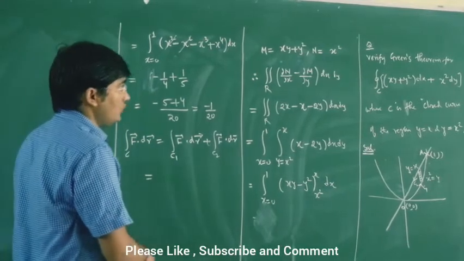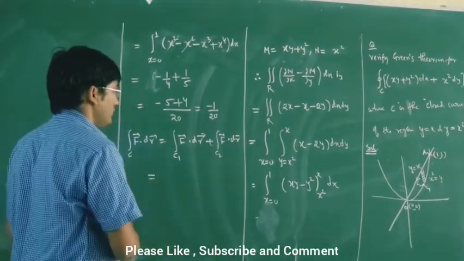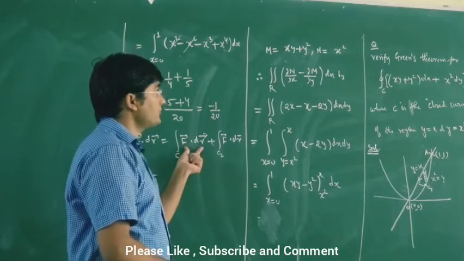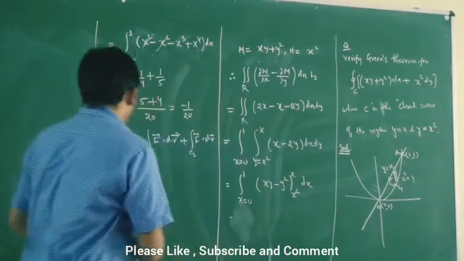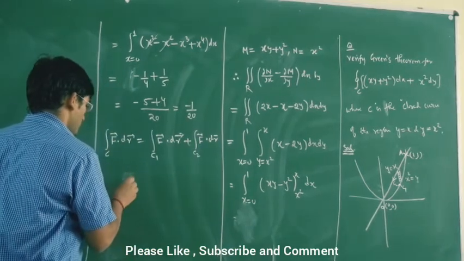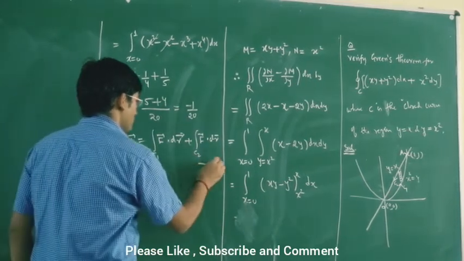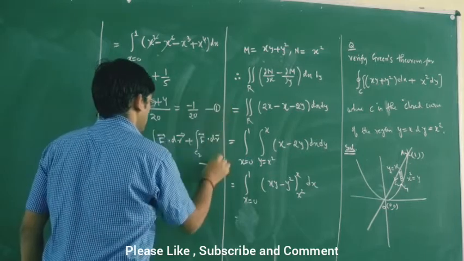So let us put the value of F dot dr. Your F dot dr, this is your F dot dr, which is your xy plus y square. So say this is your equation number 1 and say this is 2.